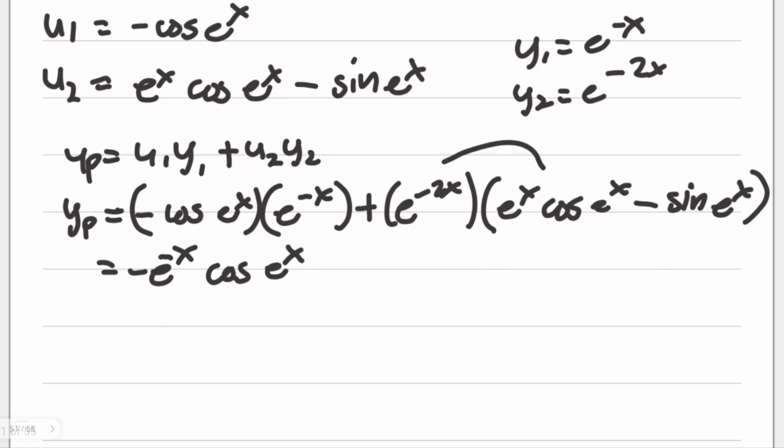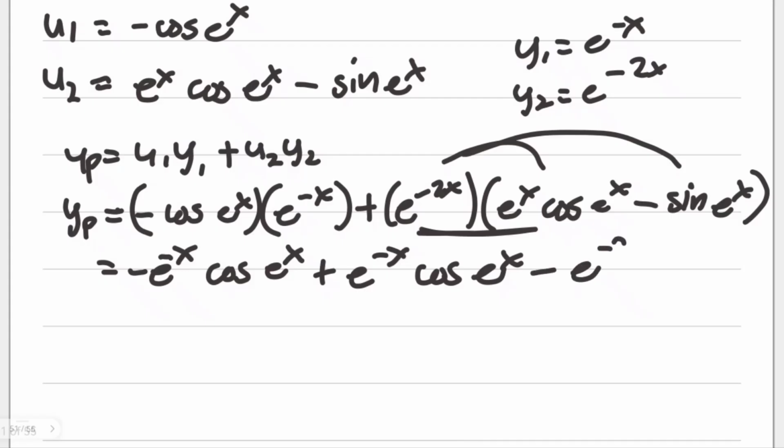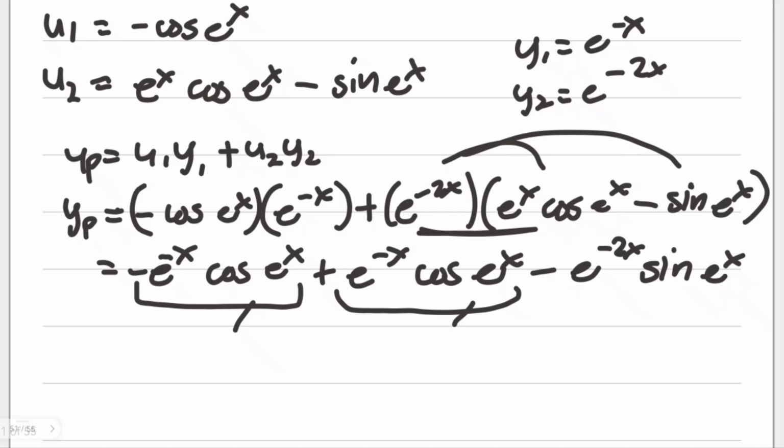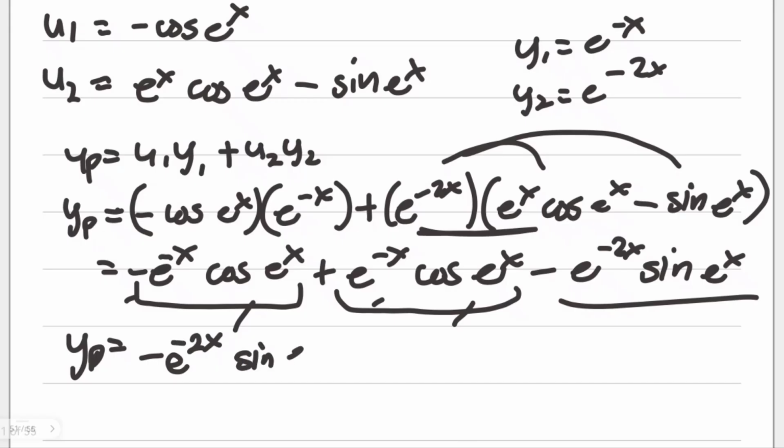Then plus, take note, you have the same base, so you have e to the power of negative x cosine e to the power of x, then multiplying that here, minus e to the power of negative 2x sine of e to the power of x. Looking into this and that, you have cosine, cosine, negative, positive. So y sub p is simply negative e to the power of negative 2x sine of e to the power of x.